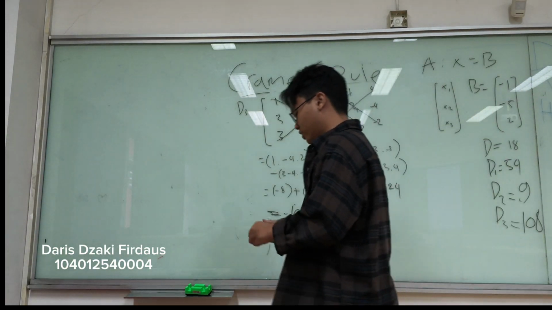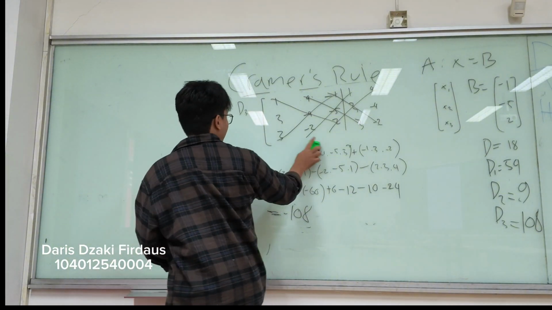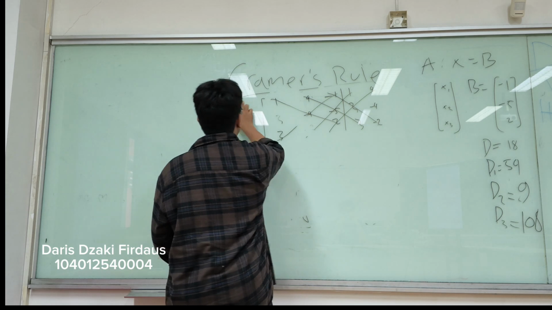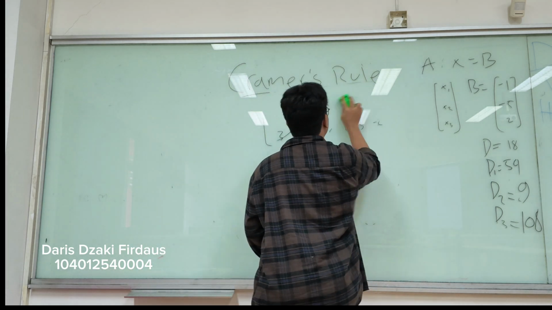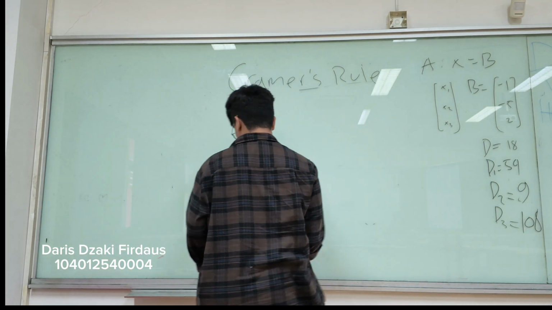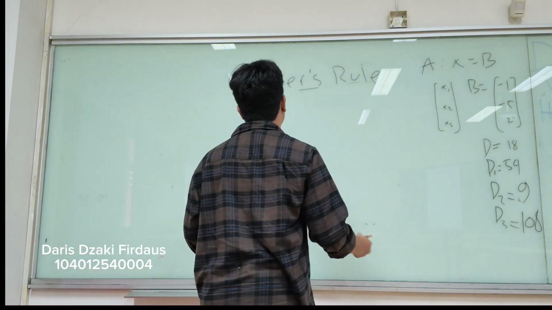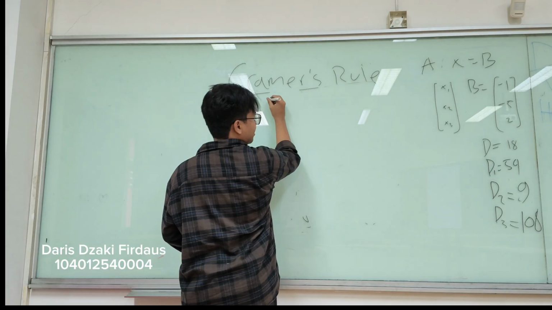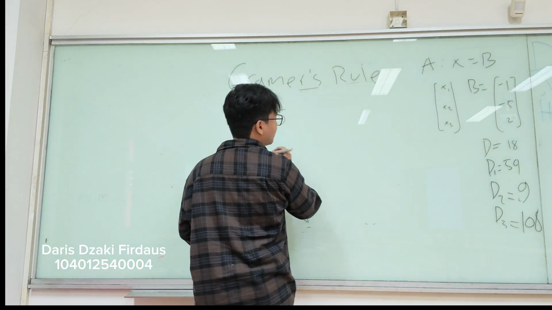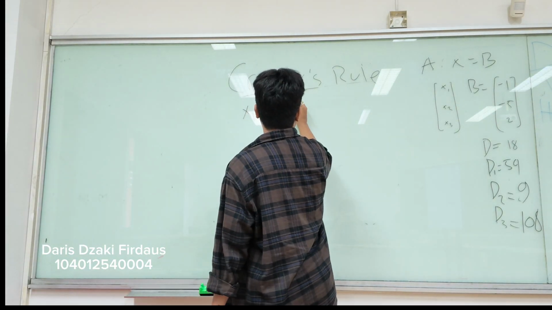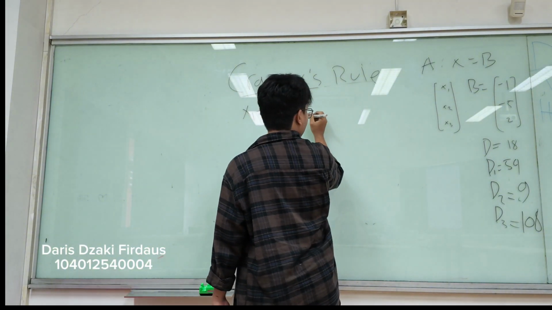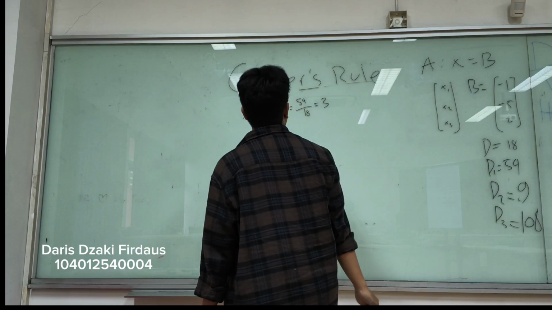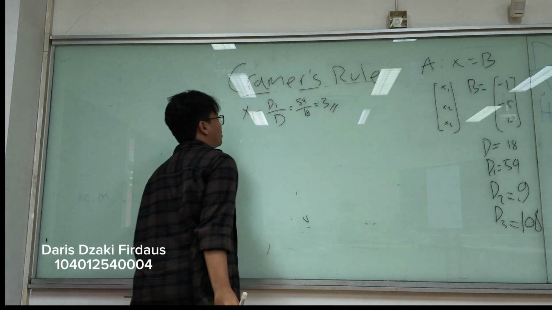So the last step is we need to divide the D1, D2 or D3 by the D. In this case, x1 is D1 divided by D. So it's 54 over 18. Then we get 3. This is the answer for x1.